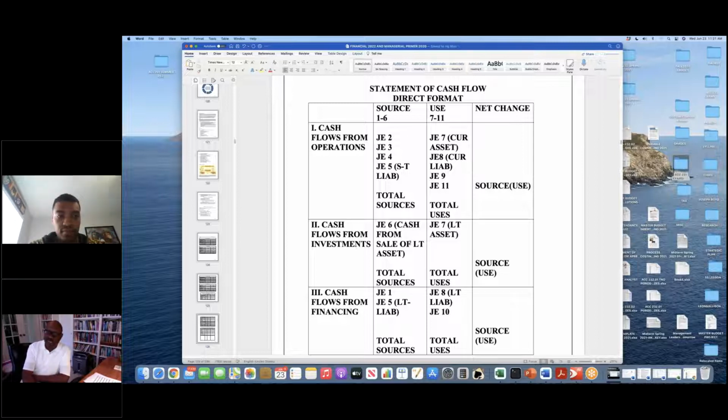Not pretty good. Can't get to work, can't do this, can't do that. So if a company is selling its long-term assets, if Macy's starts to sell stores, they're not going to have anywhere to generate these sales for cash and sales on account. And so we show that separately.